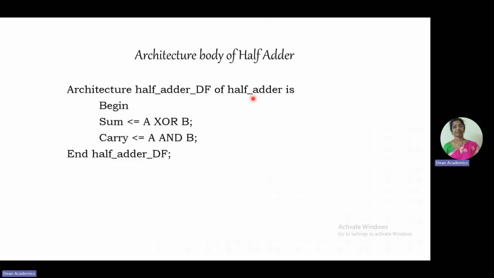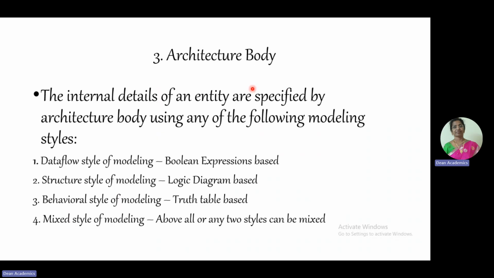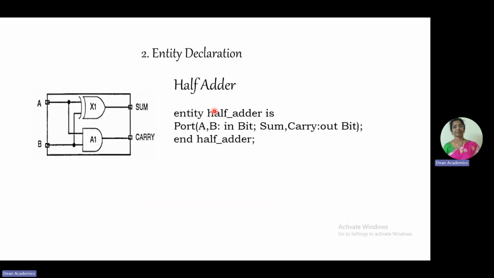Now let us see the half adder architecture. Architecture, name of the architecture we have to give. So half adder in data flow style I am giving because I am going to write Boolean expressions here. And architecture, name of the architecture of which entity? Half adder entity. In the previous slide, we have seen the name of the entity is half adder.